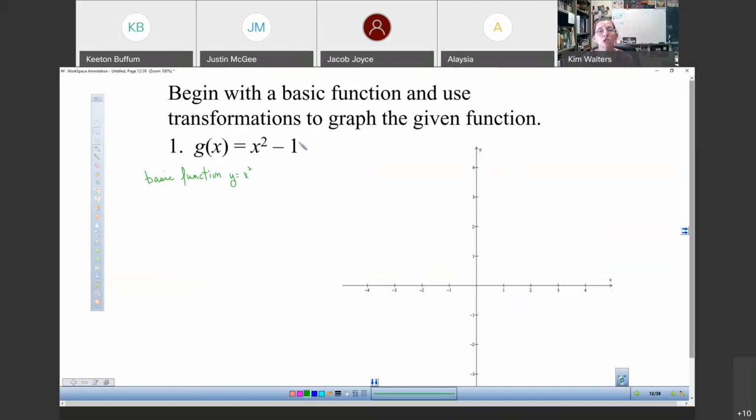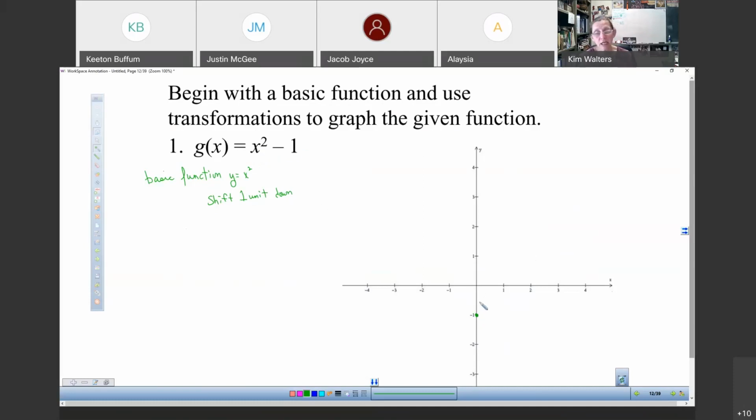Subtracting 1 at the end of it means that I shift it 1 unit downwards. So rather than turning at 0, 0, it's going to move down and turn at 0, negative 1. That's going to be my turning point.